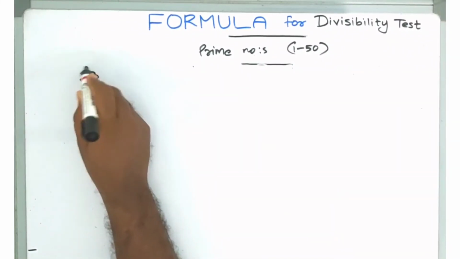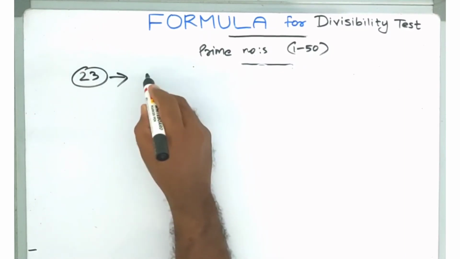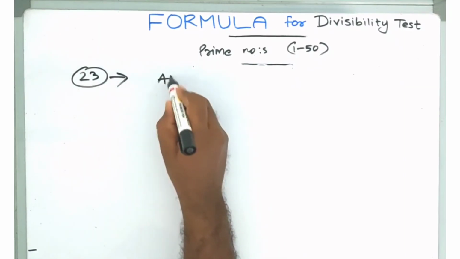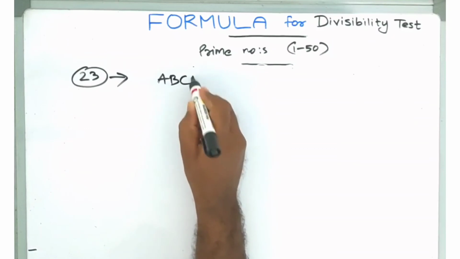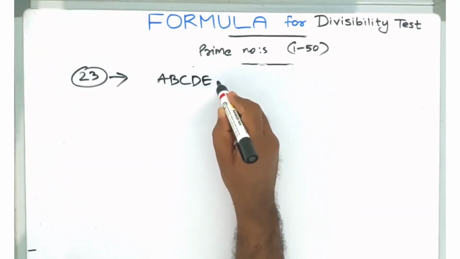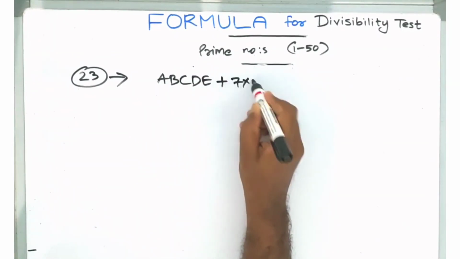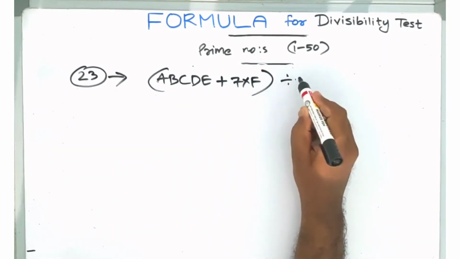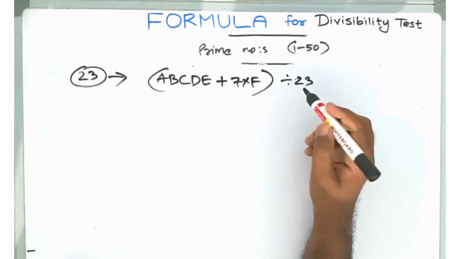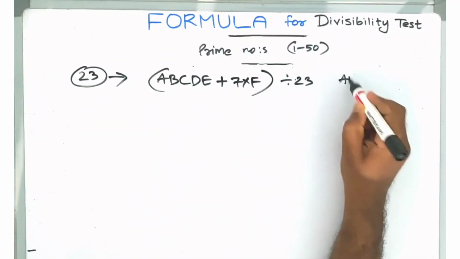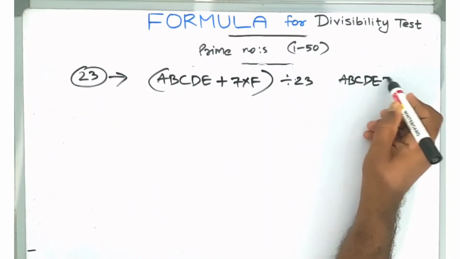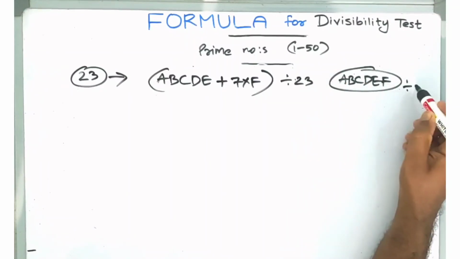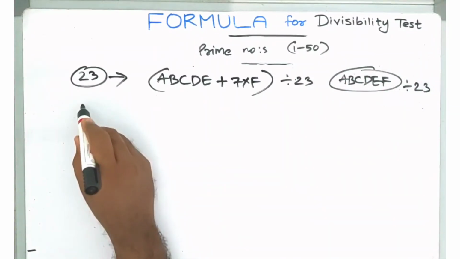As I said, in the case of 23, the rule is A, B, C, D, E plus 7F. If this number is divisible by 23, then this whole number A, B, C, D, E, F will be divisible by 23.